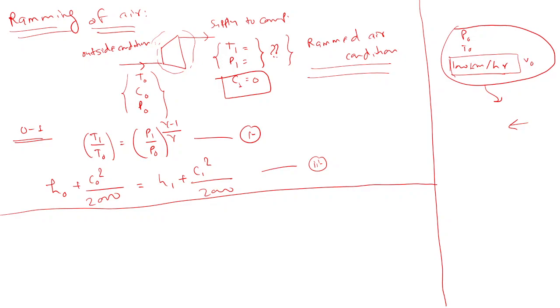So what is the practical application of ramming? In aircraft systems, sir. Okay. What if we are not using ramming? Then, first of all, if the speed of this air is 1,000 or 12,000 kilometers per hour, it will come directly inside our compressor.